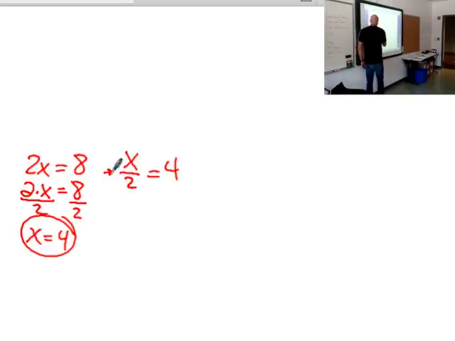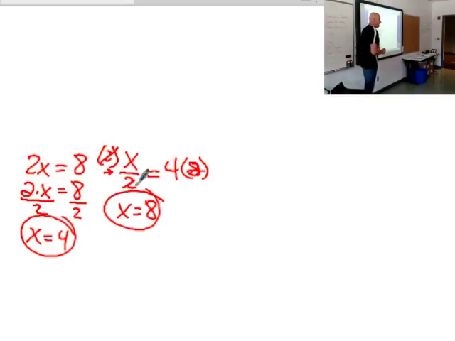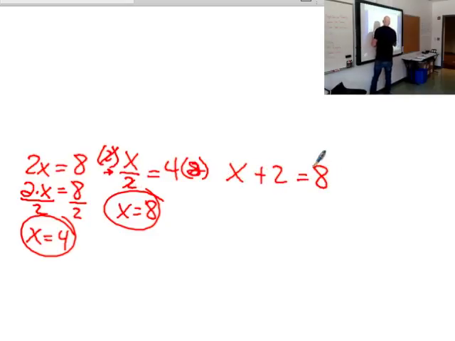Multiplication. So we're going to multiply 2 to both sides. So that cancels, so x is equal to 8. 8 divided by 2, does that equal 4? Yes.